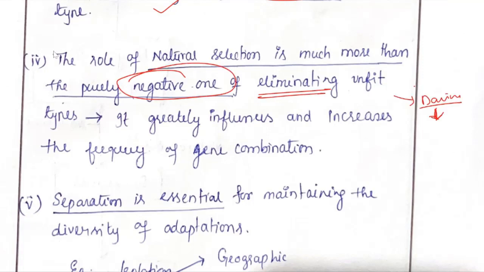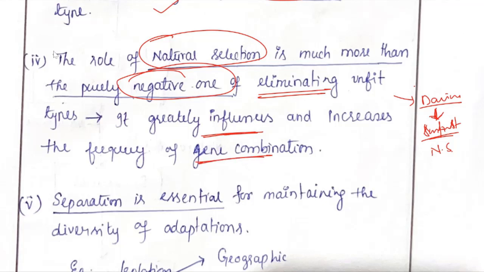Darwin's theory says survival of the fittest, so the fittest is filtered by natural selection. But according to this theory, the role of natural selection goes beyond that. It greatly influences and increases the frequency of gene combinations, meaning it also brings variability. Later we will see how natural selection works on the variation.